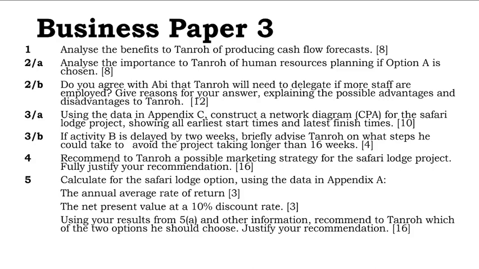Now, to find average profit, we need to calculate total inflows minus initial investment. This will give us total profit. Now we will divide this total profit by 4 years. Why? Because 4 years is the economic life. Total inflows were 64,000. Initial investment is 30,000.